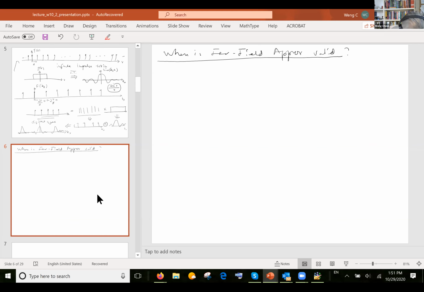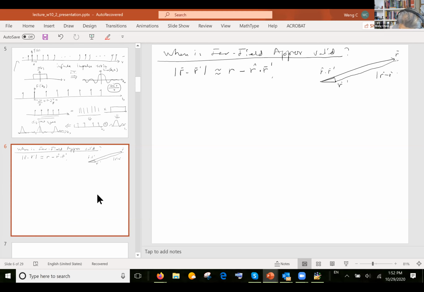We say that we can use a parallax argument and approximate this with r minus r hat dot r prime. If you have r being here, r prime being here, this is r minus r prime, then this distance is r hat dot r prime.